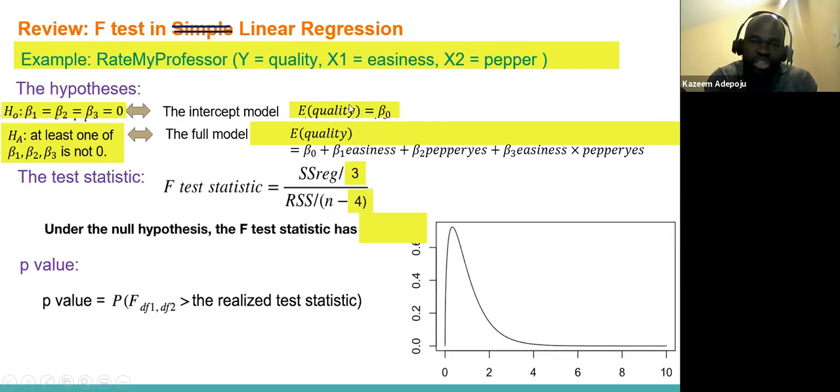So the intercept model is nested in the full model, because I can find the intercept model in the full model. In a situation where beta 1 equals 0, beta 2 equals 0, and beta 3 equals 0, I go from the full model to the intercept model. Therefore, the two models here are also nested.